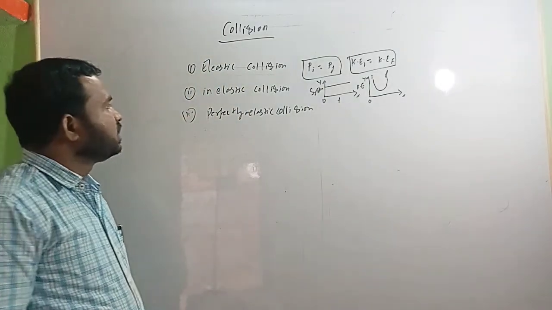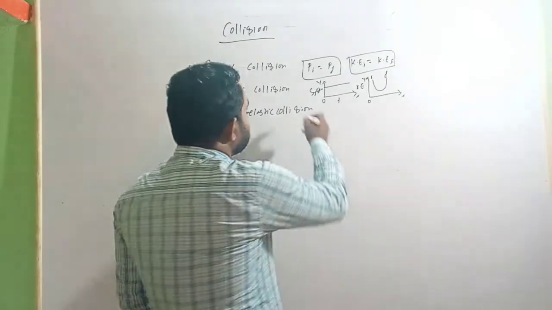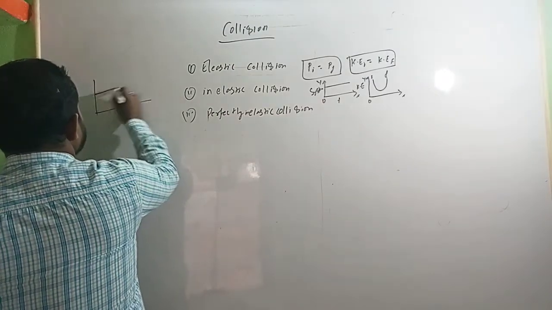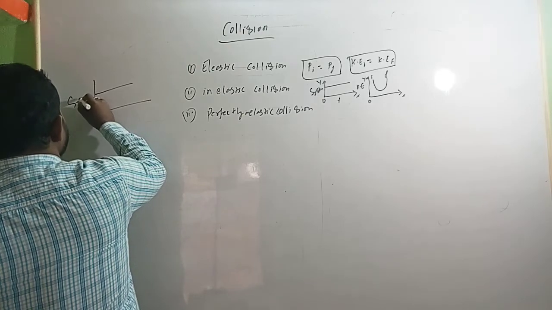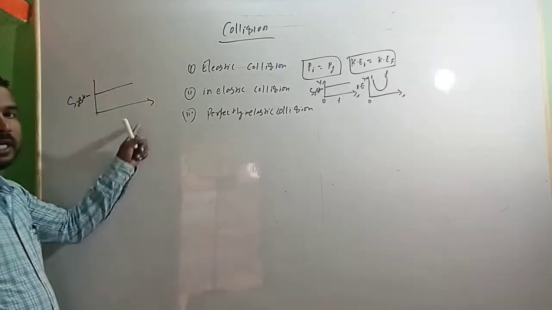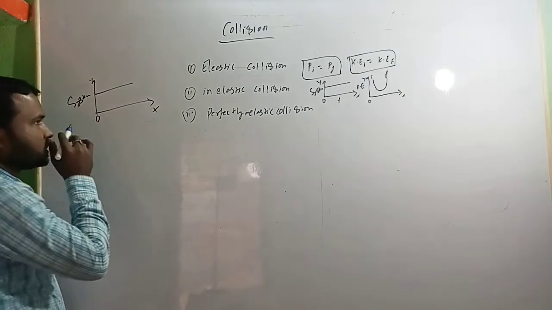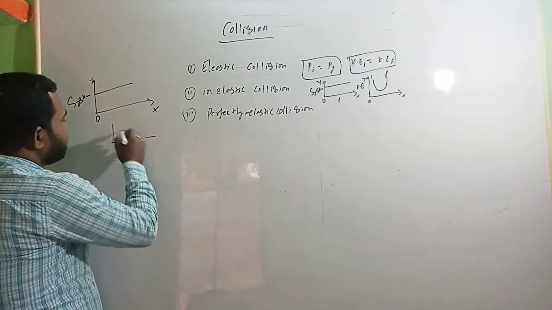Another, if you discuss the inelastic collisions, here you can also take it like that because the momentum will change. So for the momentum of the system, the graph will be like that. This is the x-axis, y-axis and origin. But here the kinetic energy may decrease like that.